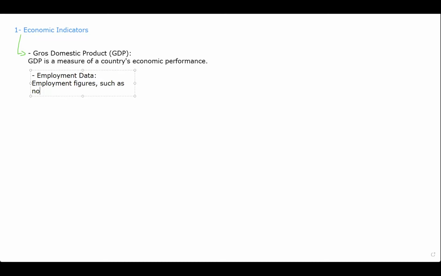Let me just put NFP. Everyone knows what NFP is, and unemployment rates. Basically, it provides an insight into the labor market, and it does influence the currency value. Now, these are the two most important ones, I would say: the GDP and the employment data.